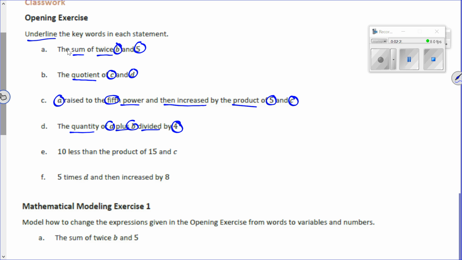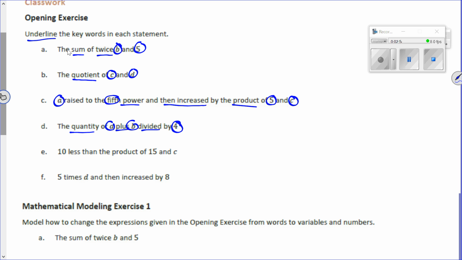Porter? It's very confusing. I don't even know what it means. No, it's actually a very specific, very intentional kind of thing that is telling you mathematically exactly what you need to do. You do this and then you do that. The quantity is A plus the other letter, and then you divide it by 4.